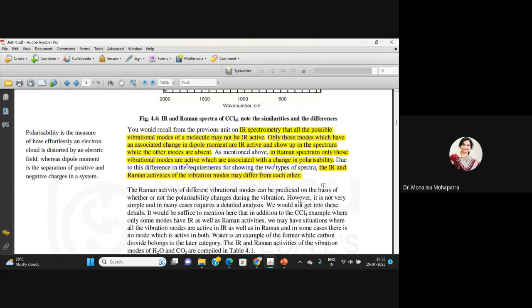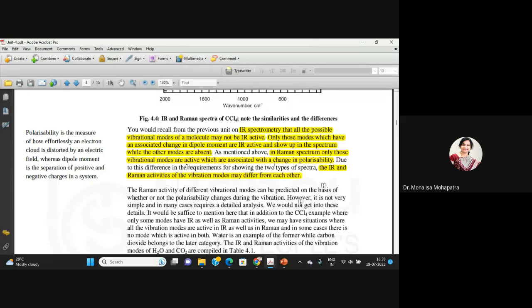You may have combination bands, difference bands, Fermi resonance bands, but you are getting fewer than 90 peaks, because not all vibrational modes are active. They are not resulting in an oscillating dipole moment. Wherever you have symmetric stretching or symmetric bending, moving in a single direction, they will not have an oscillating dipole moment. So the resultant dipole moment over there is zero.